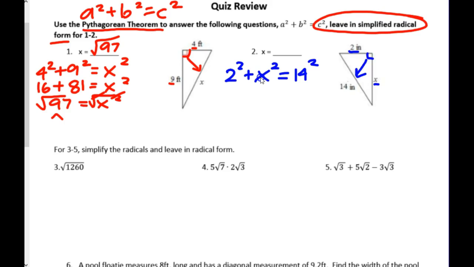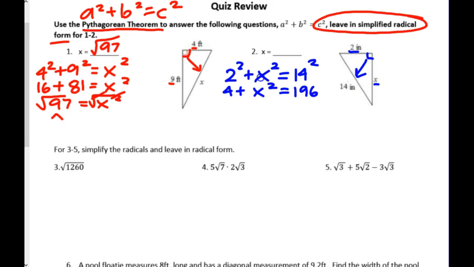But we solve it similarly. So 2 squared, 2 times 2, 4 plus X squared, 14 squared, 14 times 14, 196. Okay. And then, this time, 4 and 196 are on different sides.